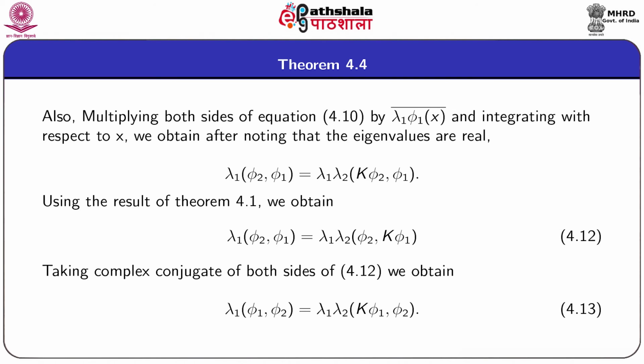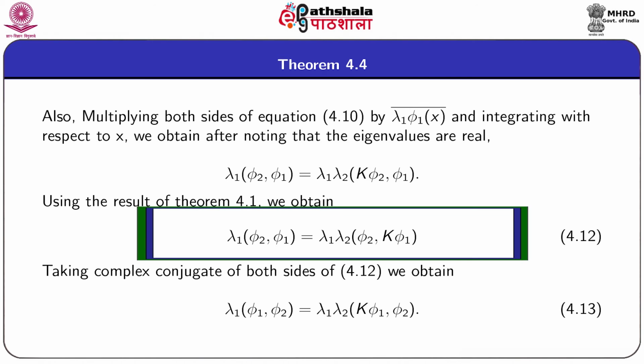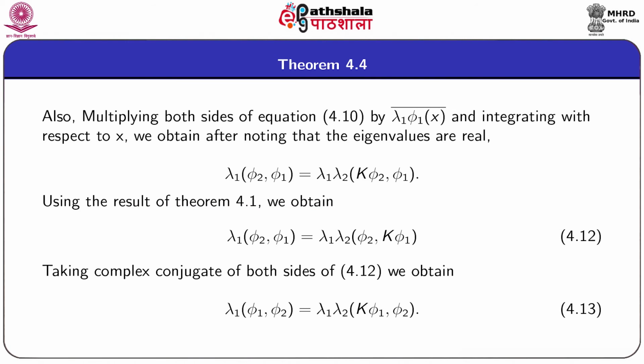Now, we use theorem 4.1 so that we can write the inner product of K phi 2 and phi 1 equal to the inner product of phi 2 and K phi 1. So, we obtain equation 4.12, which is lambda 1 into the inner product of phi 2 and phi 1 equal to lambda 1 into lambda 2 into the inner product of phi 2 and K phi 1.